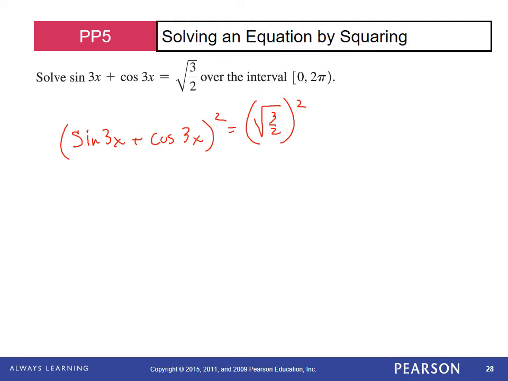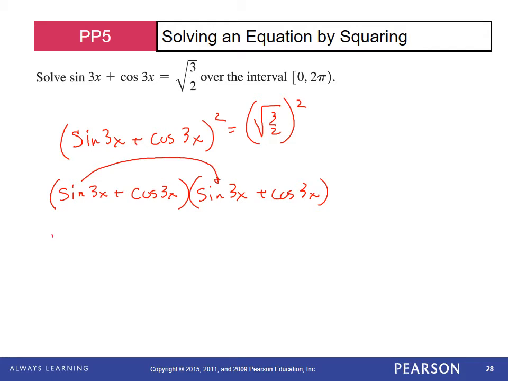All right, so I have to do a little bit of work here. Let me do the squaring here. So sine of 3x plus cosine of 3x, I'm going to square this, okay? That'll make sine squared of 3x. Then the middle term, sine of 3x times cosine of 3x.